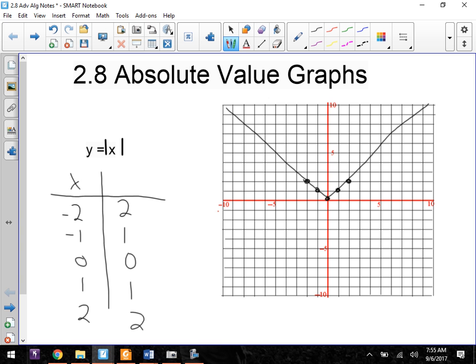So when you have these absolute value functions, they become symmetrical about, what do you call those things? Parabolas. I forgot what they were called. Remember how parabolas were symmetrical about the axis, the vertex, the x-coordinate?